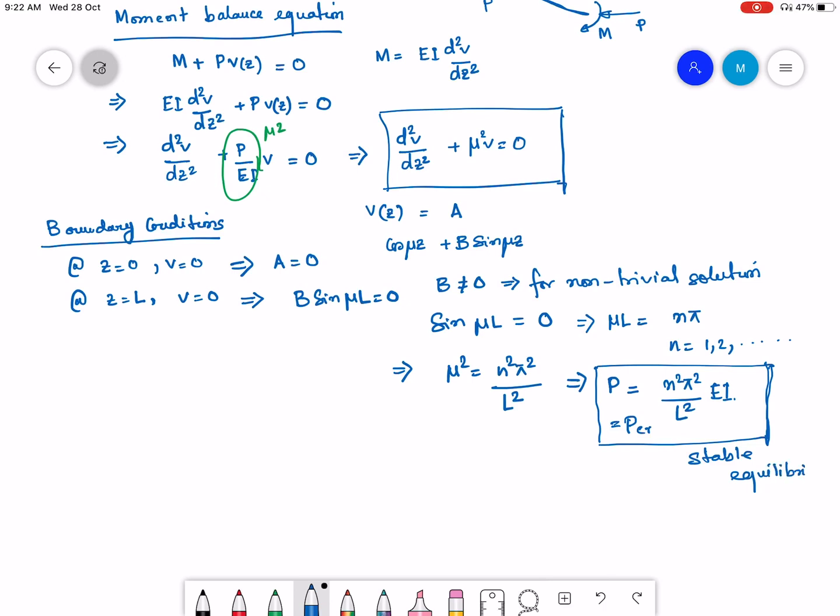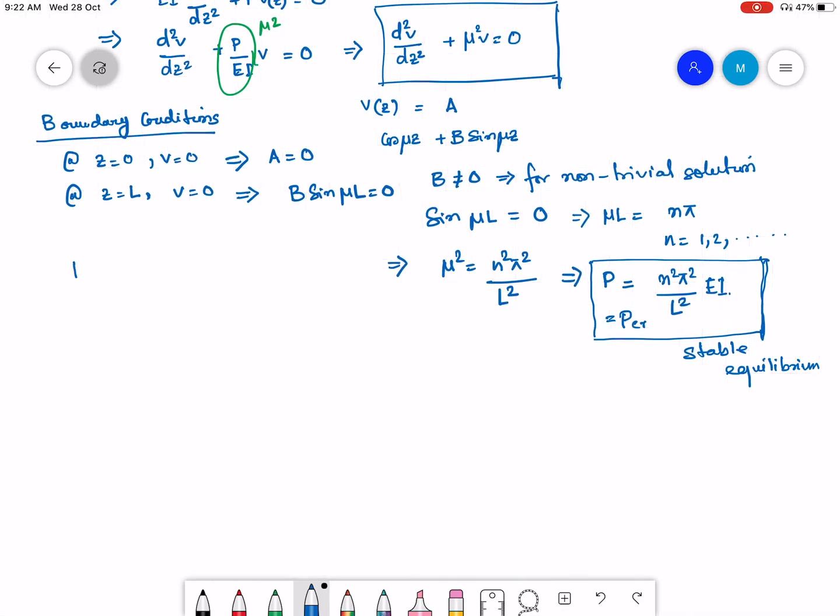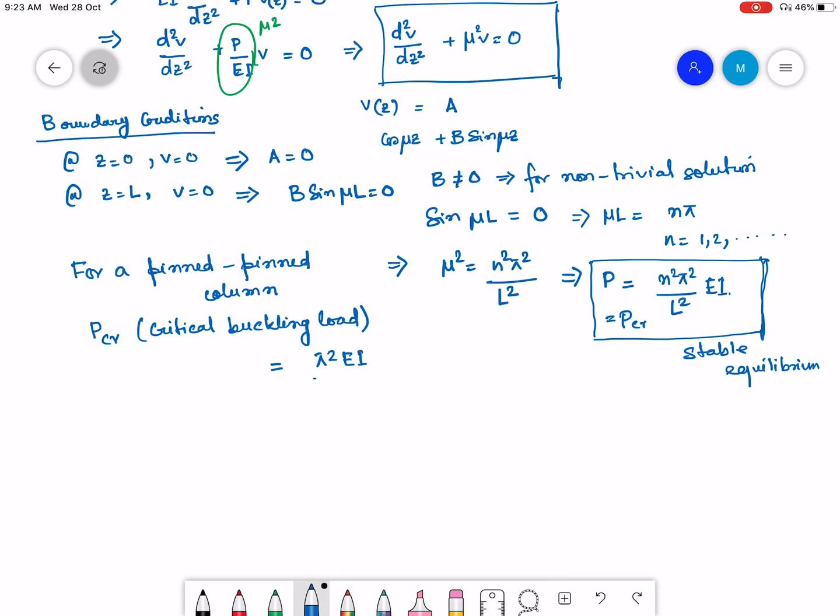Okay, so for a pin-pin column, the critical buckling load is going to be pi square EI by L square.